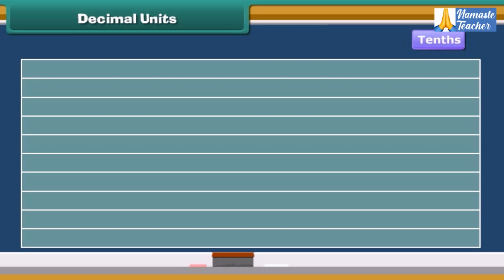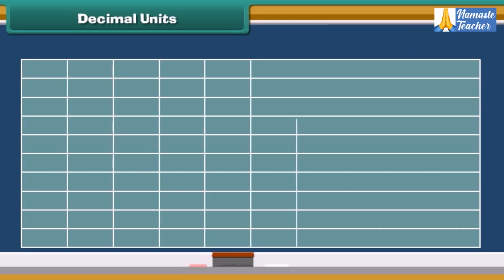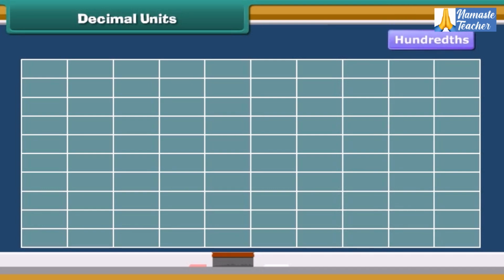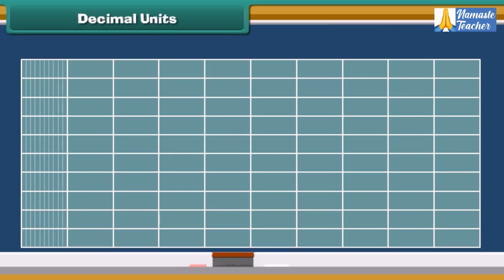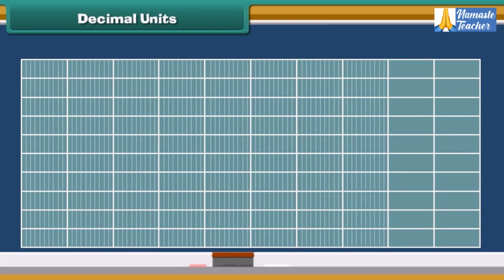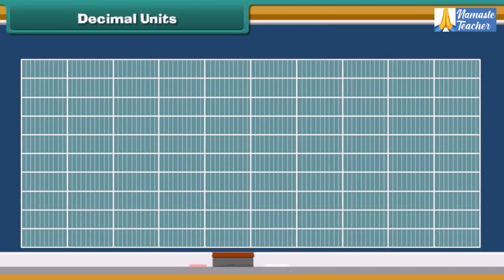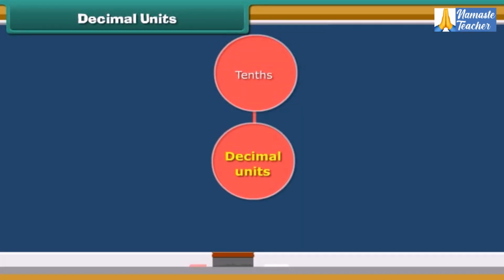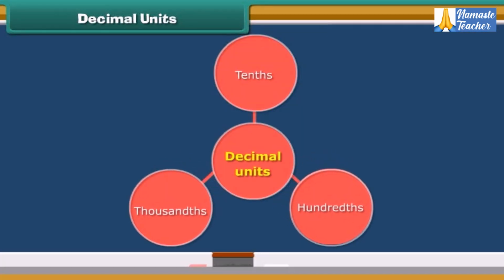Now, if we divide those rectangles into 10 smaller rectangles, then we have 10 times 10, or 100 parts of 1, that is hundredths. Dividing those rectangles into 10 smaller rectangles, we have 10 times 100, or 1000 parts of 1, that is thousandths. So, the fractions tenths, hundredths, thousandths are called decimal units.